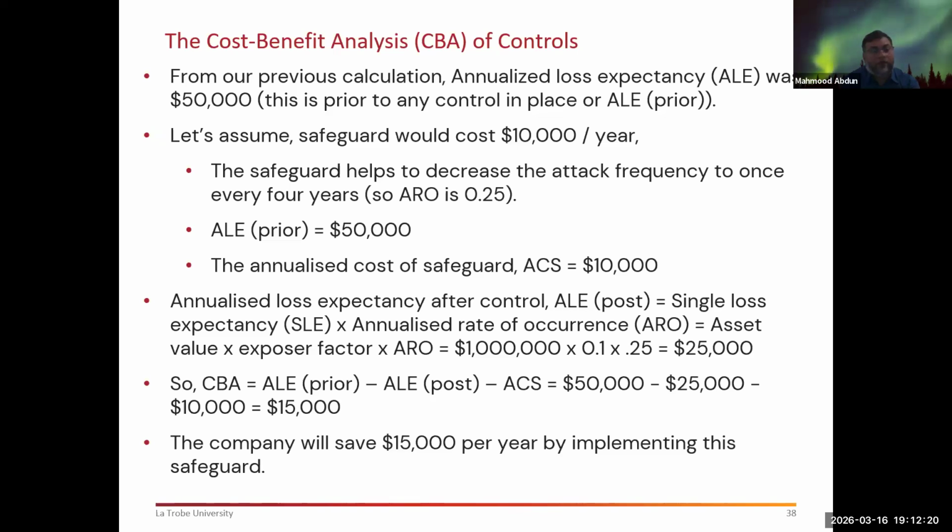So in total, you have a loss of 25,000. So if you have a previous loss of 50,000 minus the new loss of 25,000 minus the cost of control of 10,000, you have a net benefit of 15,000. It's as if you're earning $15,000. Actually, you're saving $50,000, which is the same as earning $15,000 though. There's no reason to think otherwise. So all done.